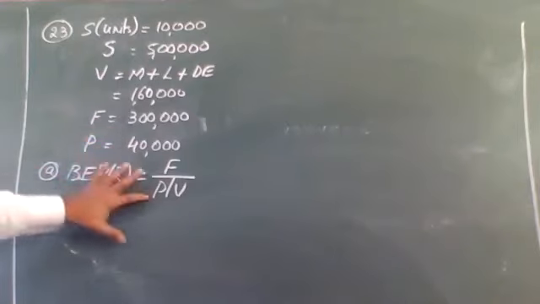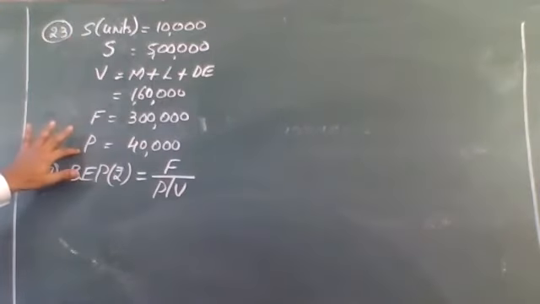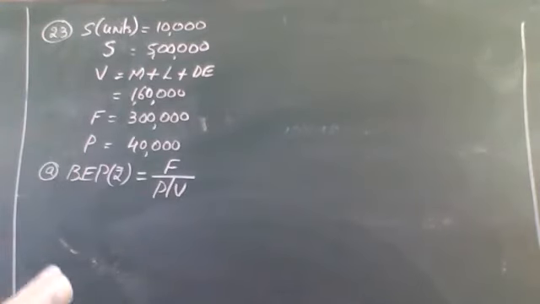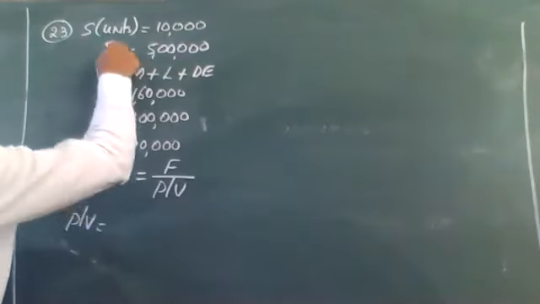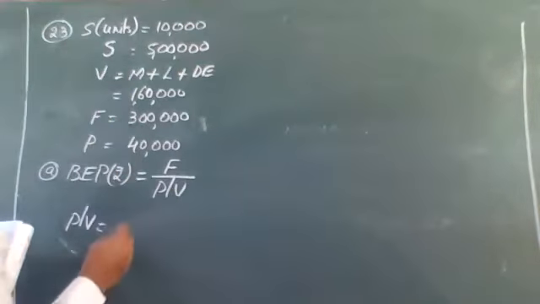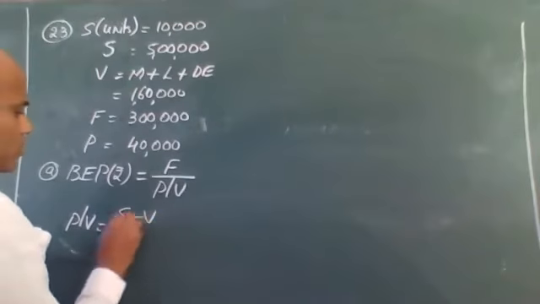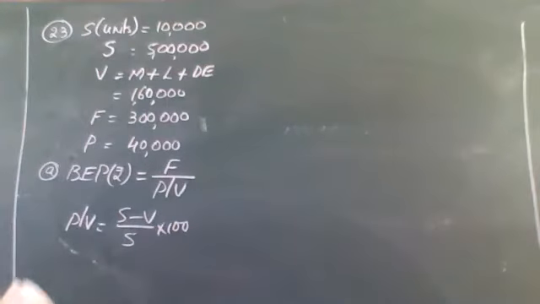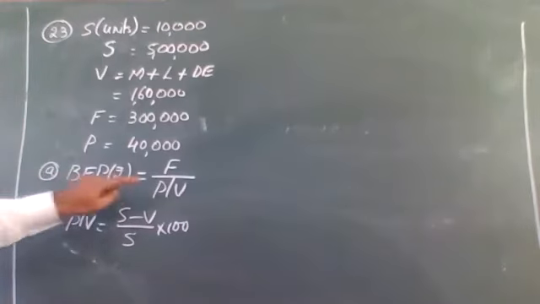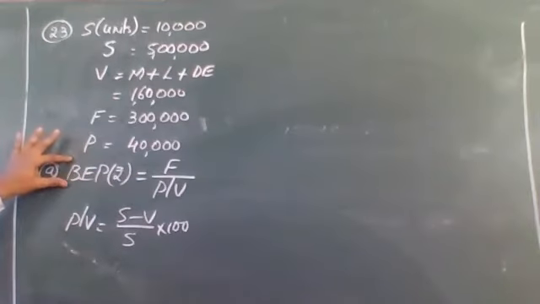Do you have PV ratio? No. But can't you find out the PV ratio? Answer is yes. So for this, you try to find out PV ratio. PV ratio is equal to S minus V or F plus V. Anything you can use. S minus V by S into 100. So first you solve this, bring it here, you will get PV.